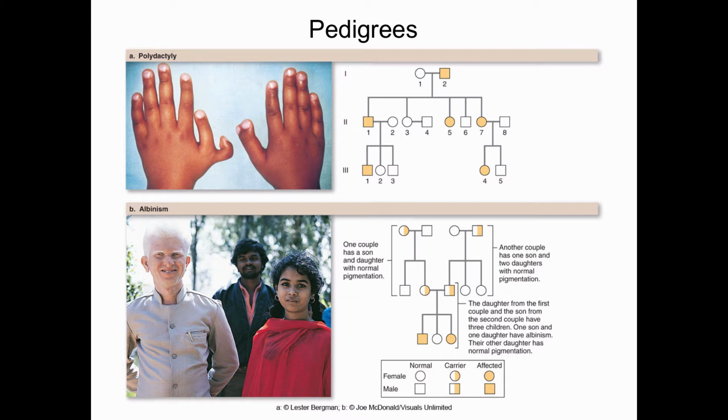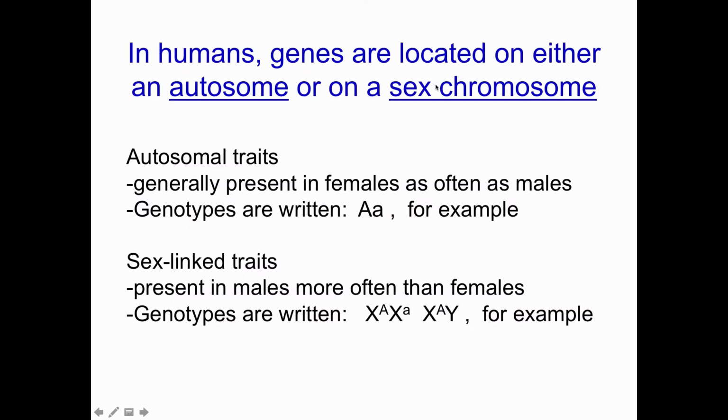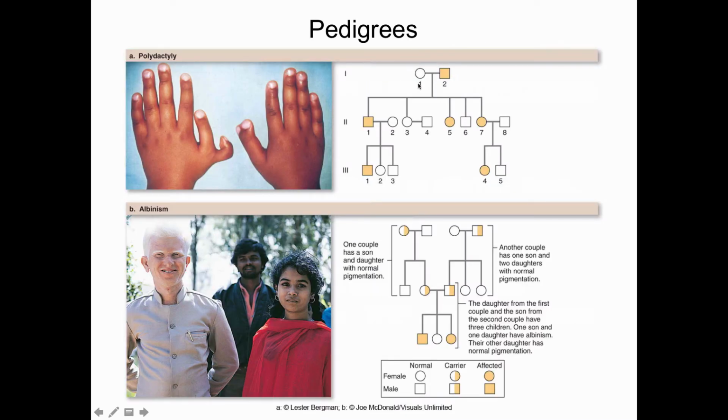On the top, let's look quickly at a pedigree. It looks like a family tree. Just to orient you, first of all, we're looking at generations here. Here's one generation, two generations, three generations, marked by the Roman numerals on the side. In pedigrees, females are represented by circles and males by squares.